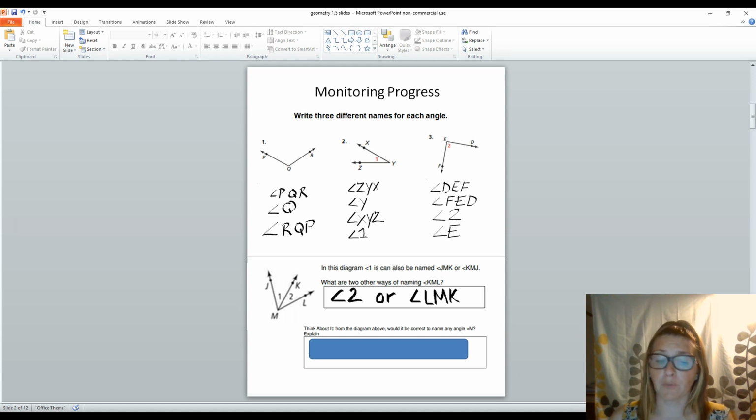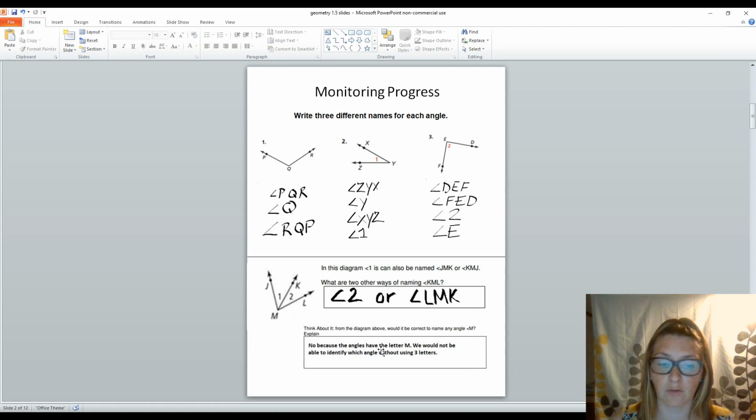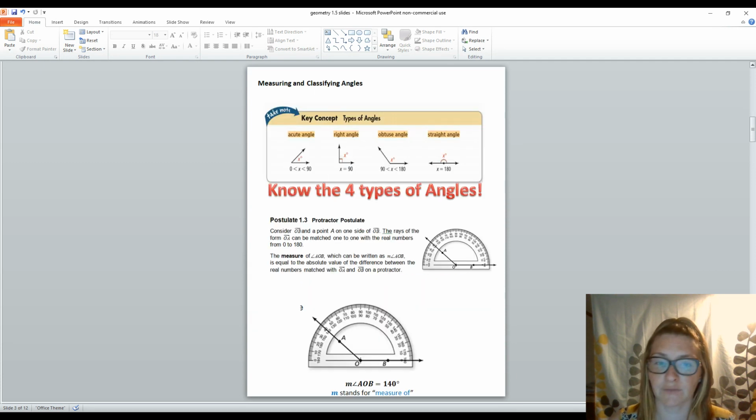The answer would be no. Since they all share that vertex, it is very confusing to identify which angle we're talking about. So we cannot use angle M, and more often than not, we do not use the one-letter way of naming an angle. We typically stick with using 3 letters. It's just easier to identify. All right, let's look at the next page.